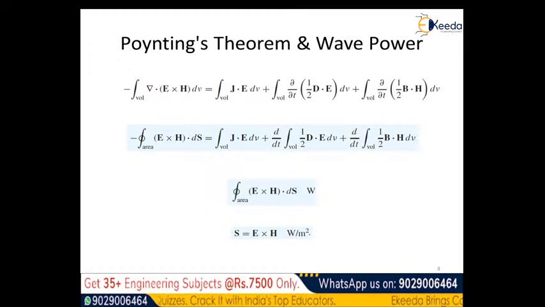Now the direction of the vector S indicates the direction of the instantaneous power flow at a point, and that particular direction I have discussed with the help of the right hand thumb rule. As obvious, in the electromagnetic wave the directions of E and H are perpendicular to each other.